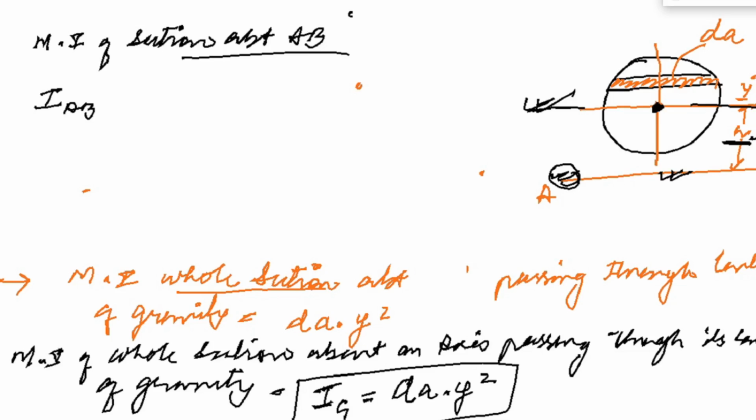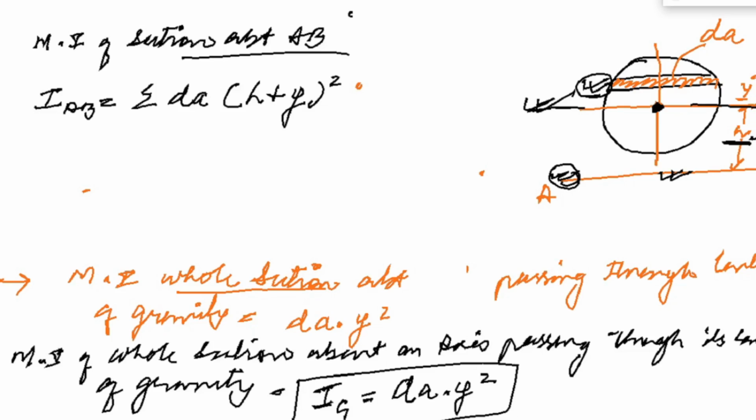It will be equal to summation of dA times h plus y raised to the power of square. Because my elemental area is this point, I have to calculate the moment of inertia of this elemental area dA about the axis AB. Now, how much is the total distance? It is h plus y, right?